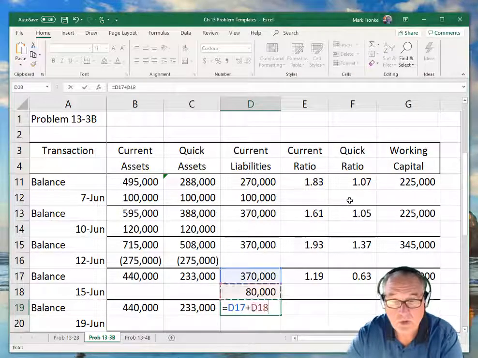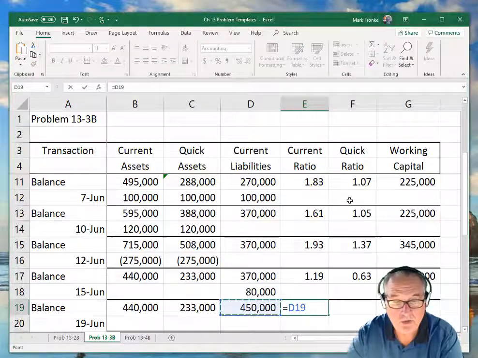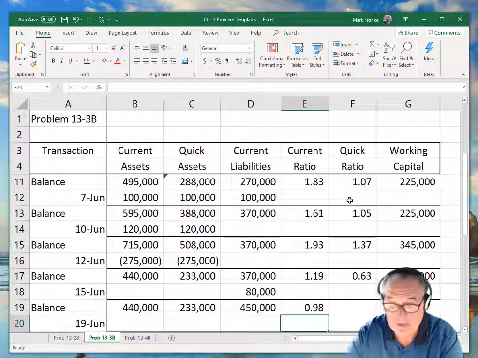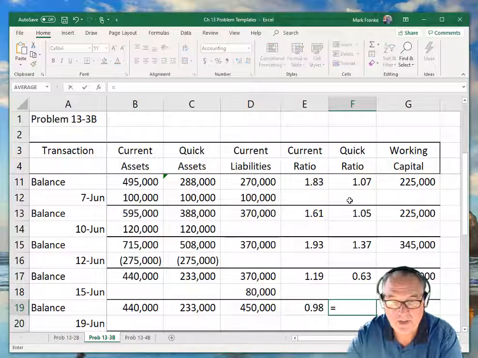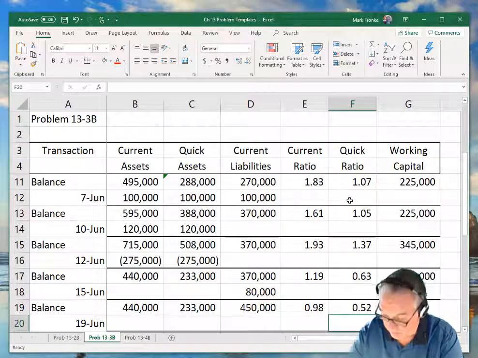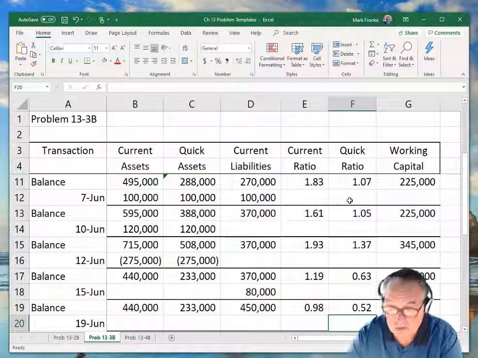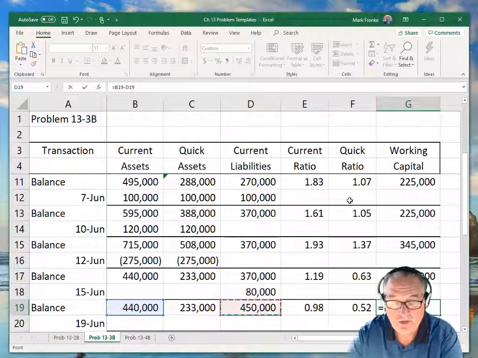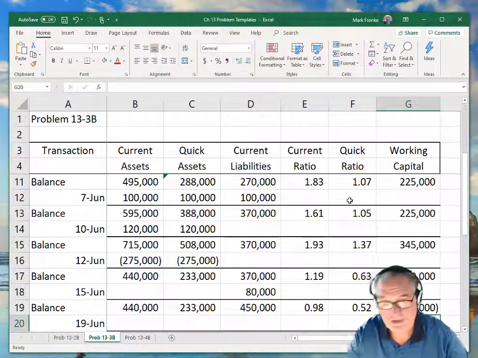So now our current ratio dropped to 0.98, which is below 1. That's not a good thing. Our quick ratio went down to 0.52, which is certainly not a good thing. And our working capital is now negative 10,000.